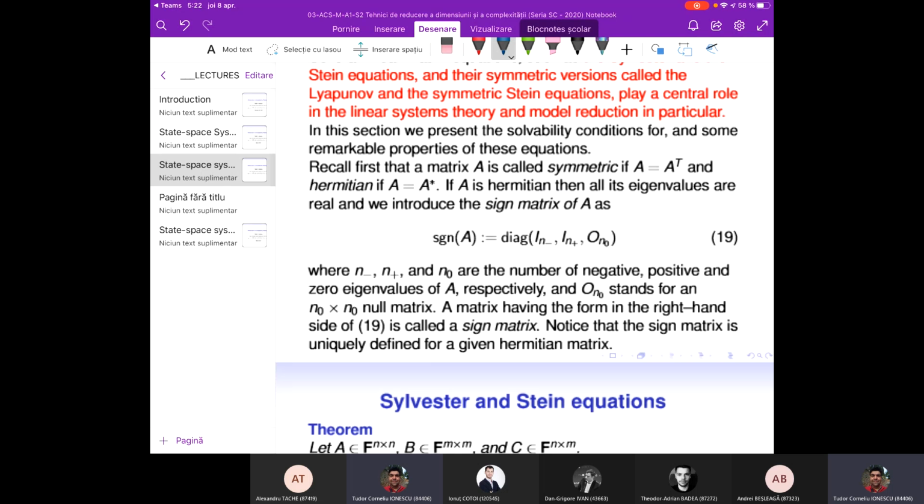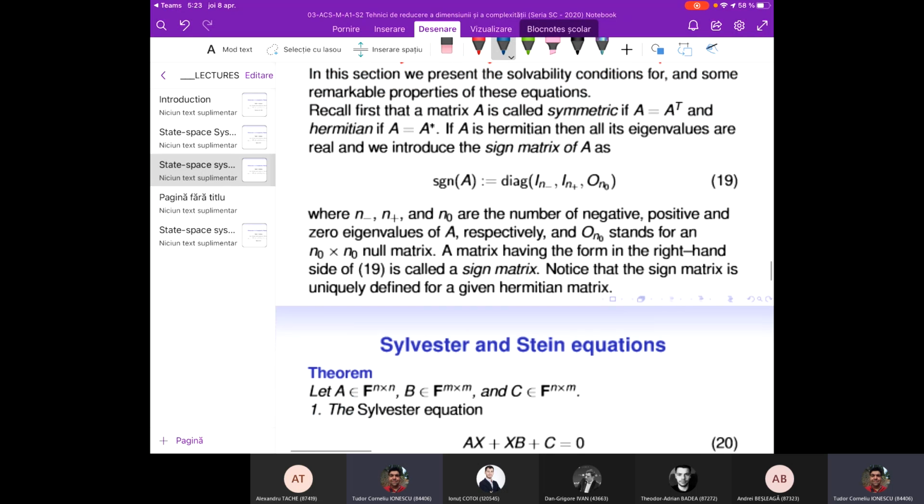So this is the matrix of the signs of the eigenvalues. We are talking again about symmetric matrices, so they have real eigenvalues, hence plus or minus signs, and we are going to make a distinction between them. A matrix having the form in the right-hand side of 19 is called a sign matrix.